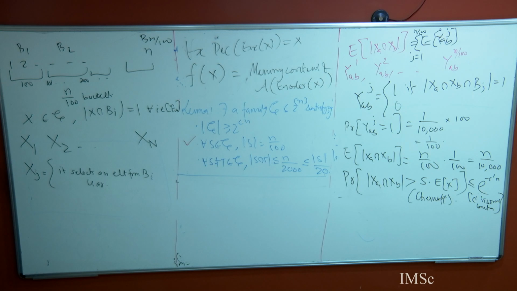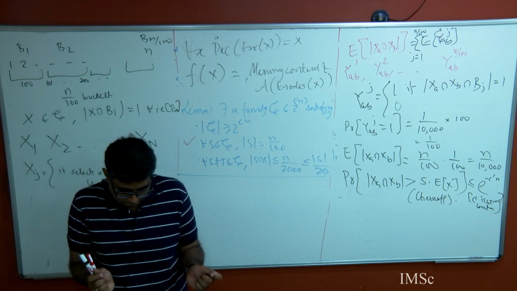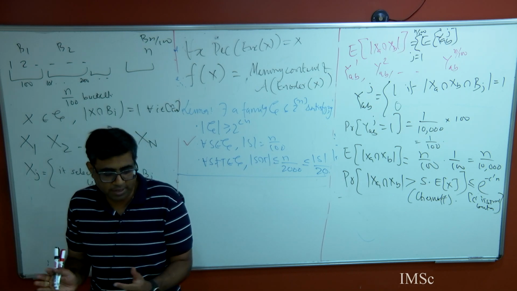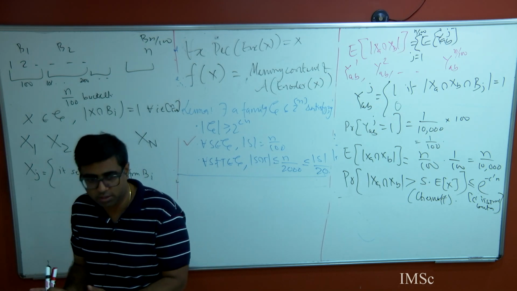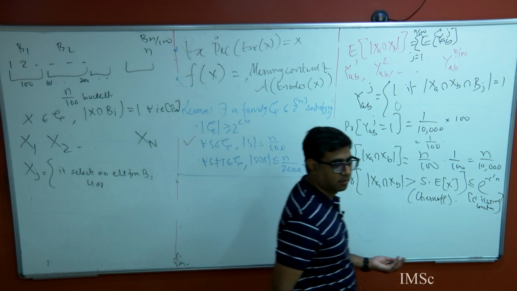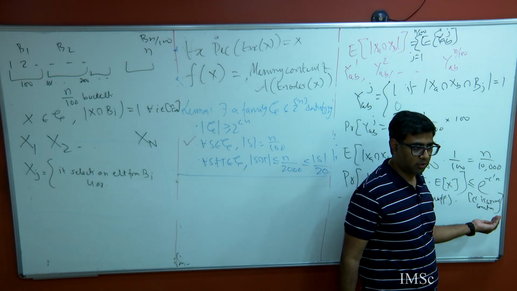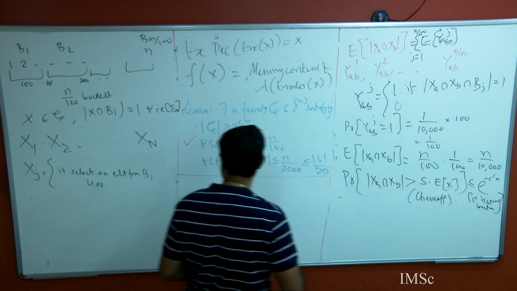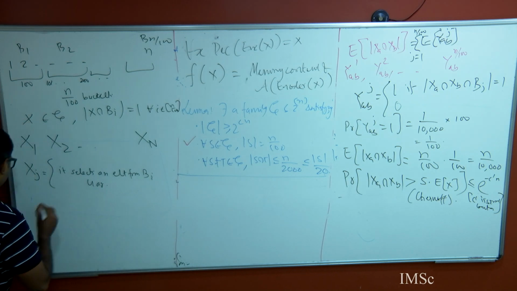All we have been able to show at this point is that the probability that a particular pair A comma B varies a lot from its expectation is exponentially small. But what are we interested in computing?